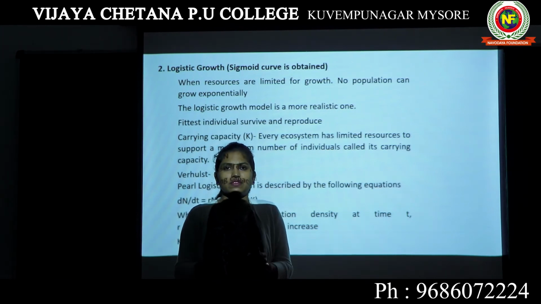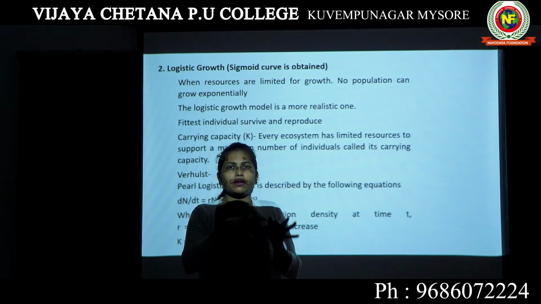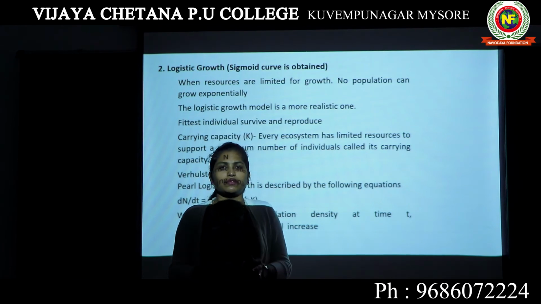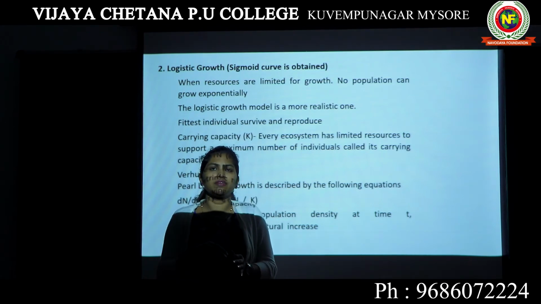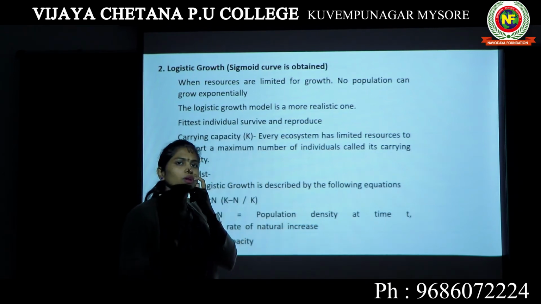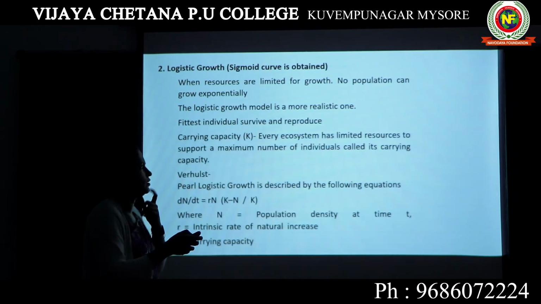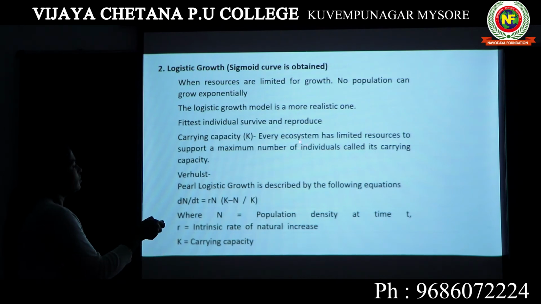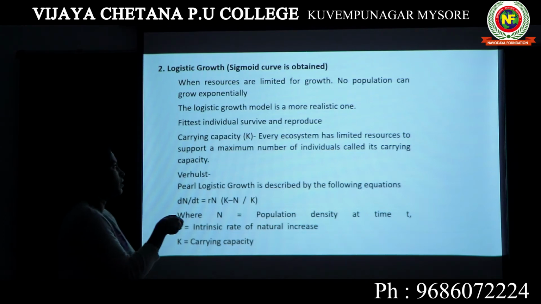It has a capacity to take care of a certain number of individuals because it has only that much resource. If other organisms are coming, the ecosystem will not be able to take care of them. That is known as carrying capacity. Every ecosystem has limited resources to support a maximum number of individuals, called its carrying capacity.